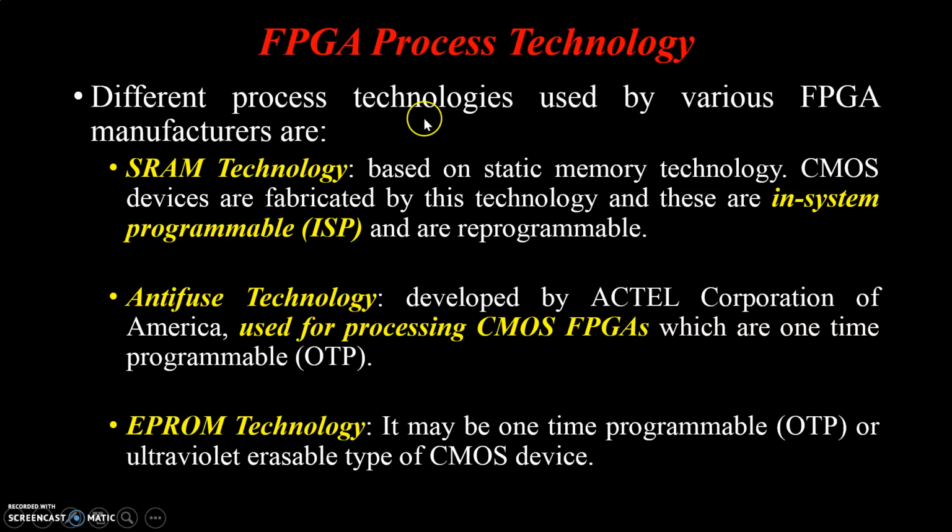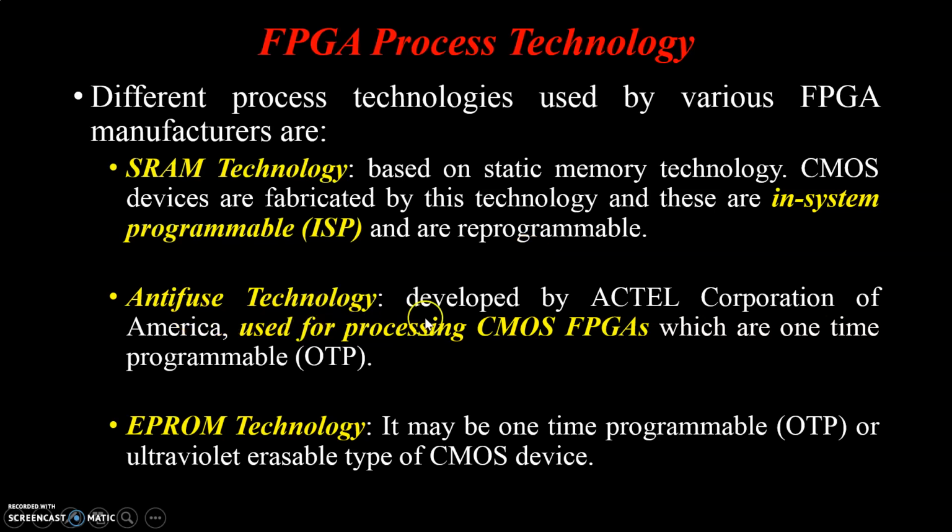FPGA process technology. Different process technologies used by various FPGA manufacturers are: SRAM technology, based on static memory technology. CMOS devices are fabricated by this technology and these are in-system programmable, or ISP, and are reprogrammable.